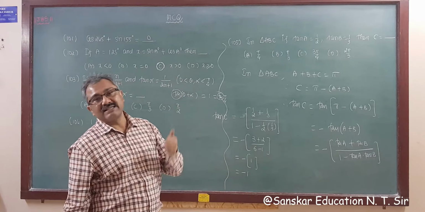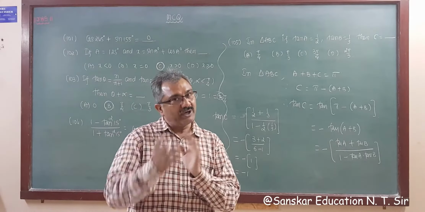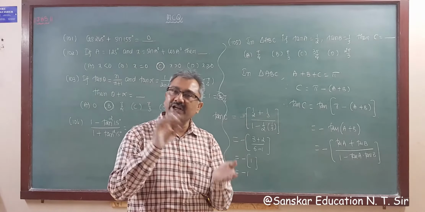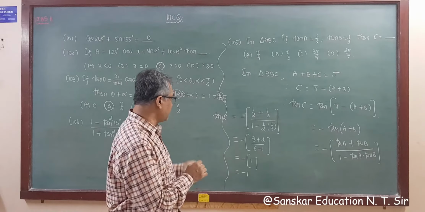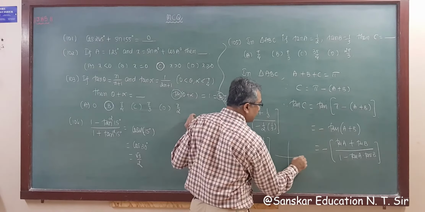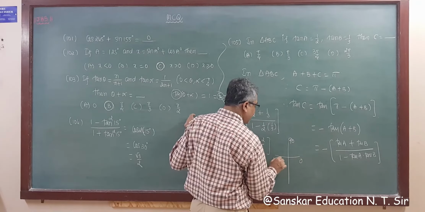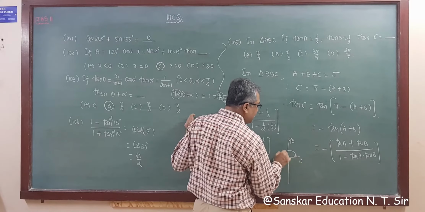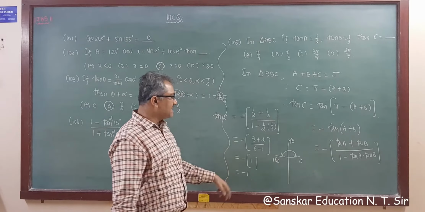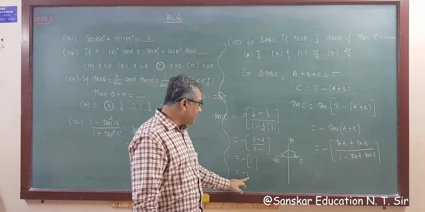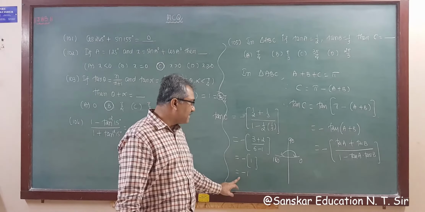Right? And a triangle is given, which means the angle lies between 0 to 180. And 0 to 180 means the first two quadrants. This is 0, this is 90 and this is 180. So the angle lies between these. So C lies between these two. This is the value for pi by 4. But this is minus.